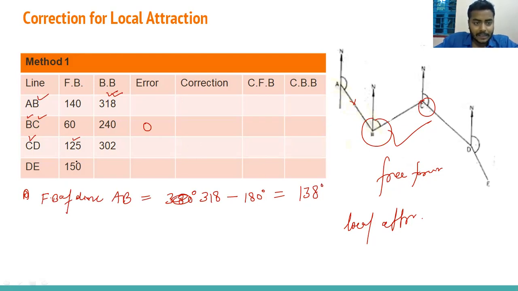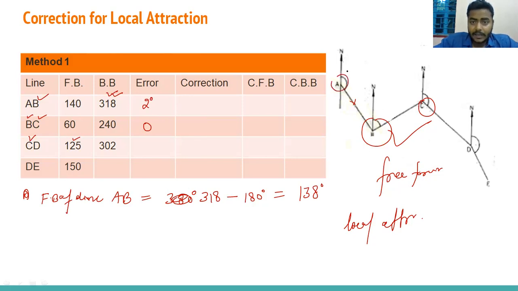Okay, but you can see the fore bearing is given 140 degree, means there is an error. So that error is 2 degree, and we are getting that error at A station.